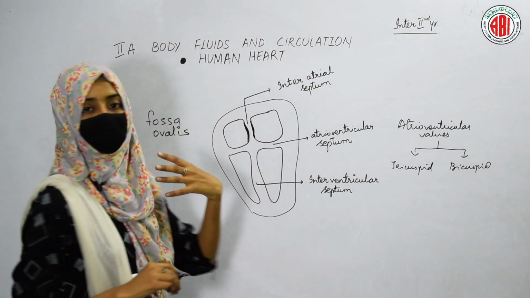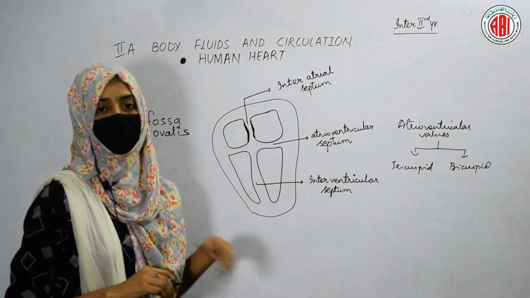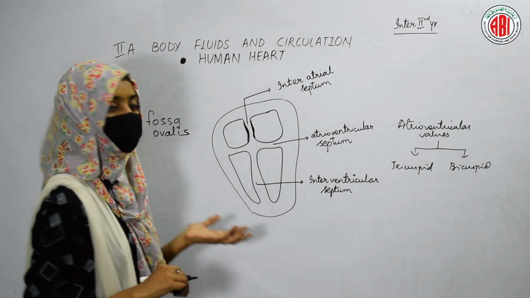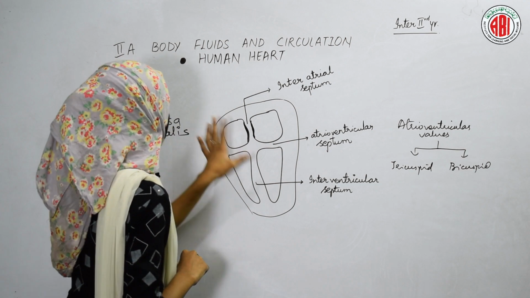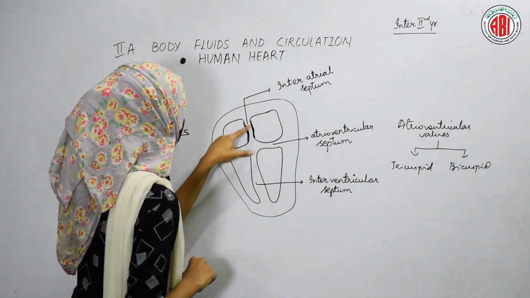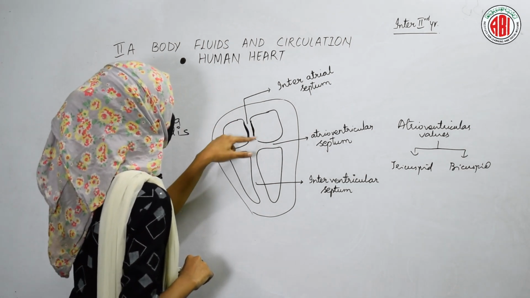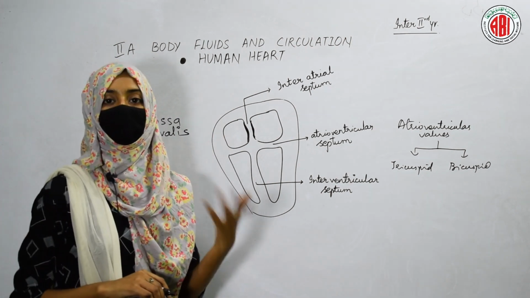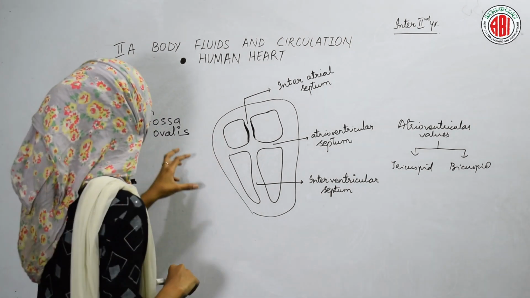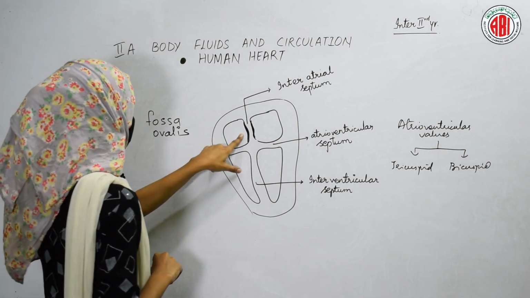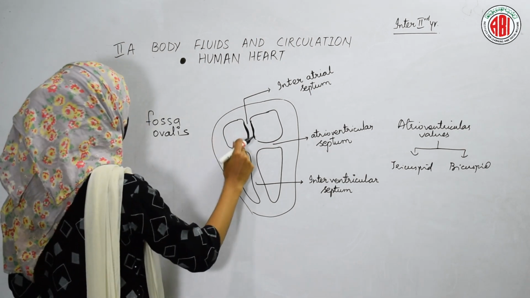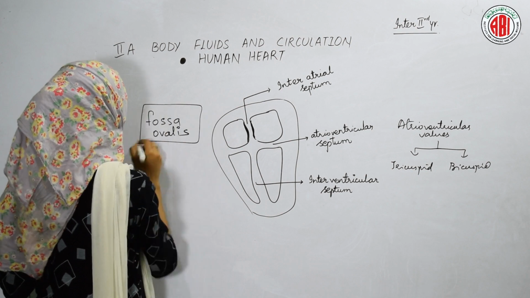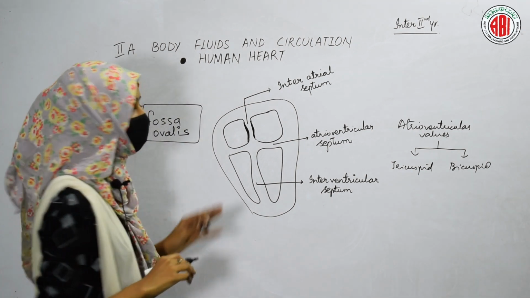After the fetus turns into a baby, the baby will have a depression like this in the right atrium and left atrium, that will be the evidence of a hole. So this depression in the atrium is called fossa ovalis. I hope it's clear to you.